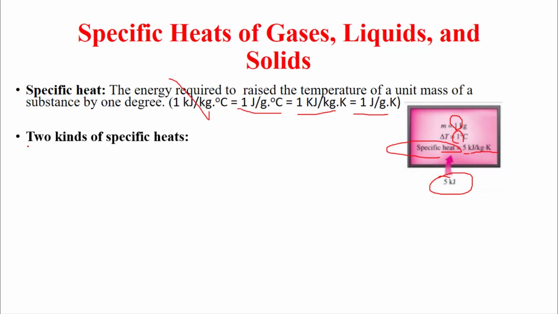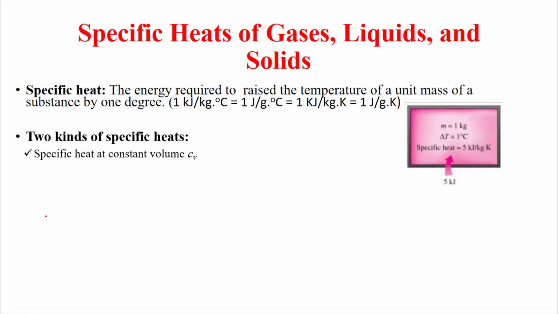There are two kinds of specific heat. We have specific heat at a constant volume, and we give it subscript V, CV. And we have another type, specific heat at a constant pressure, CP.